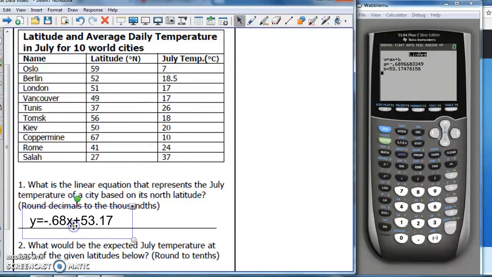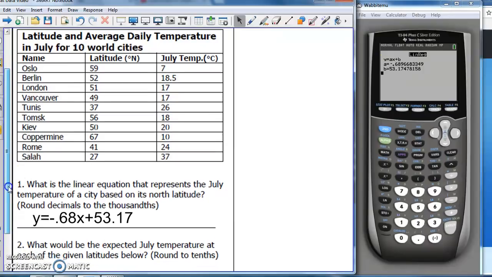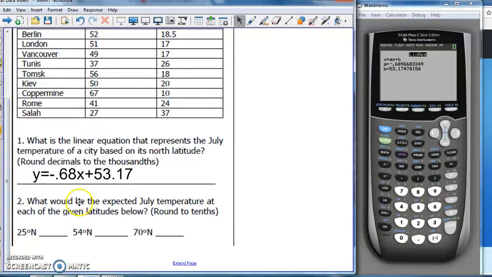We came up with our equation from the calculator screen over here, which notice that it was negative 0.68x plus 53.17, like y equals ax plus b. Okay, now let's do question number 2. What would be the expected July temperature at the given latitudes below, 25, 54, and 70?